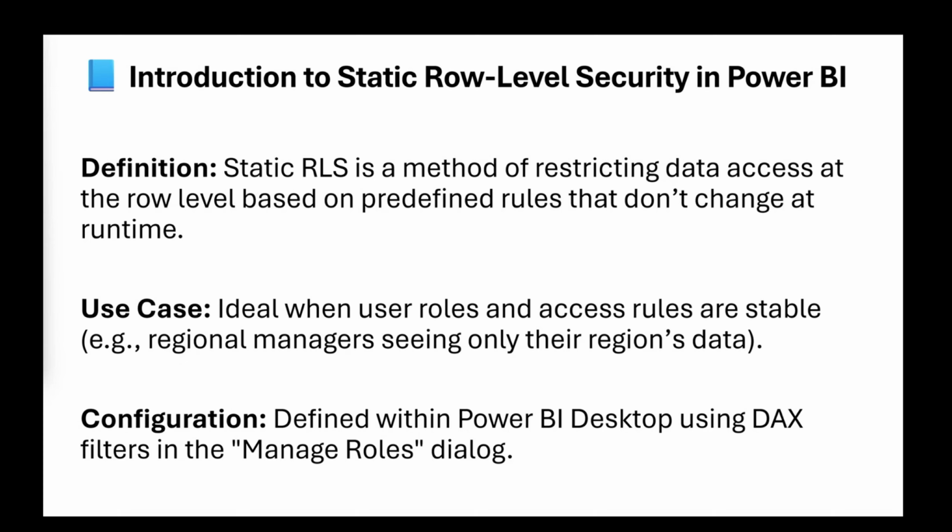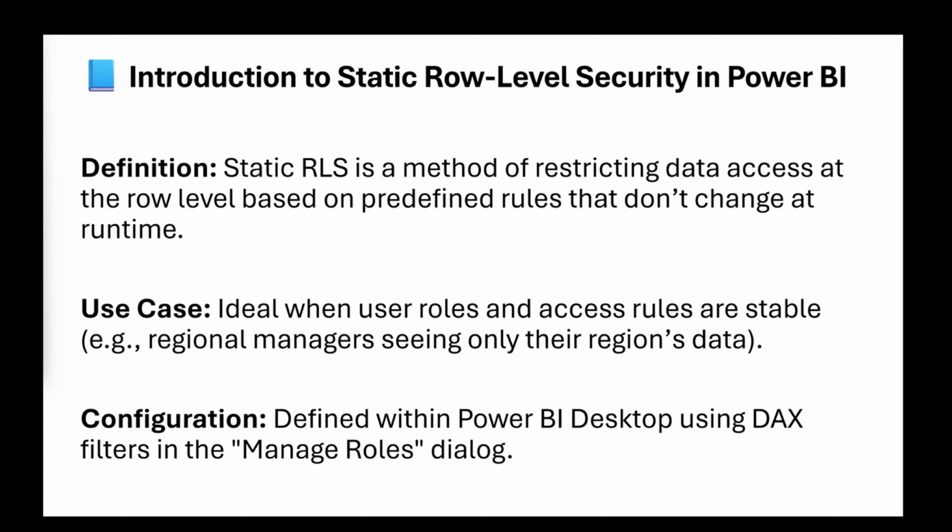Now let's take a look at the use case of static row level security in Power BI. It's ideal when user roles and access roles are stable. That means changes don't really happen to users in an organization.